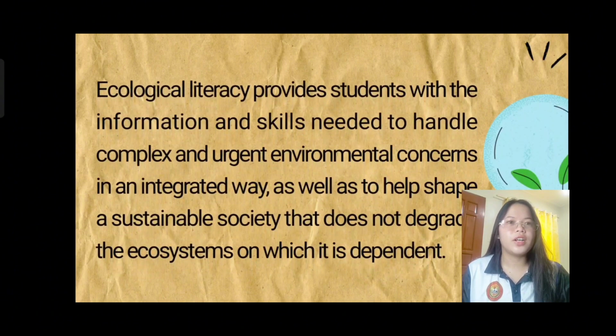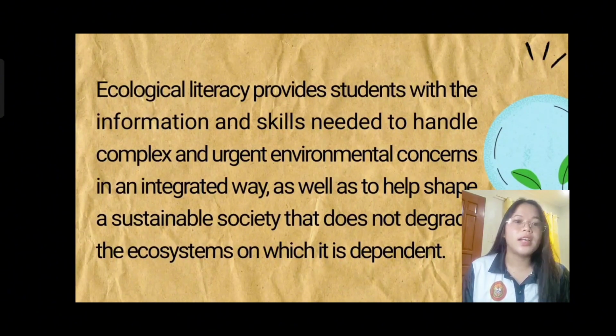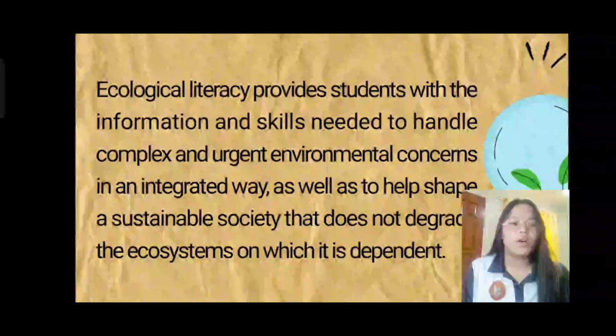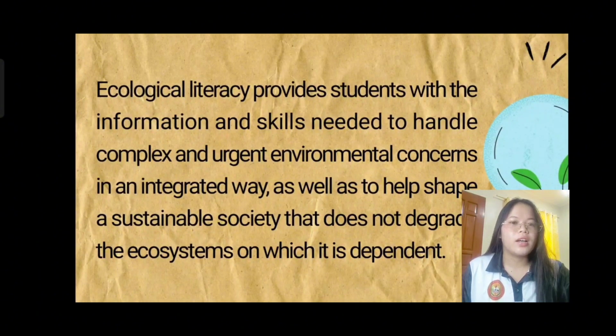And this ecological literacy provides students with the information and skills needed to handle complex and urgent environmental concerns in an integrated way, as well as to help shape a sustainable society that does not degrade the ecosystems on which it is dependent.